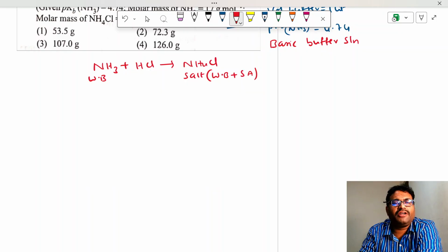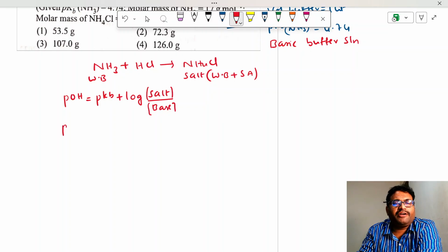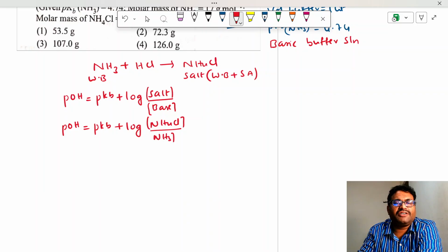What is that formula? pOH of basic buffer is equal to pKb plus log of salt concentration by base concentration. Here I can write pOH equals pKb plus log of NH4Cl concentration by NH3 concentration.